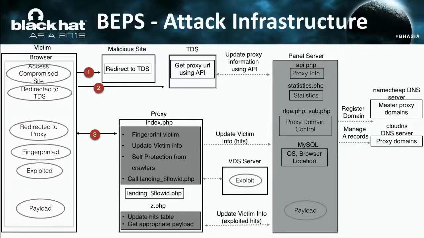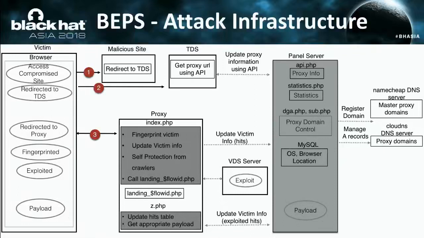If you take a look at it, this is domain registration. In the Beeps or Sundown exploit kit attack infrastructure, they have functions to make automated domain registrations. These are the domains of their proxy servers. They automatically register their proxy server domains using the Namecheap DNS service.